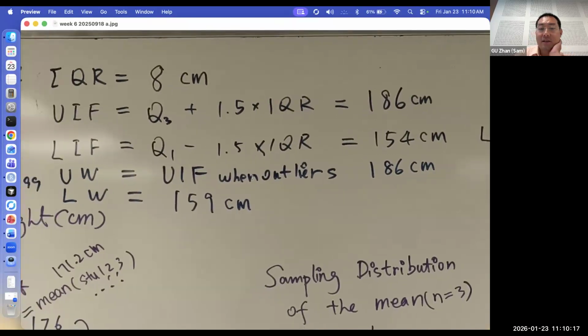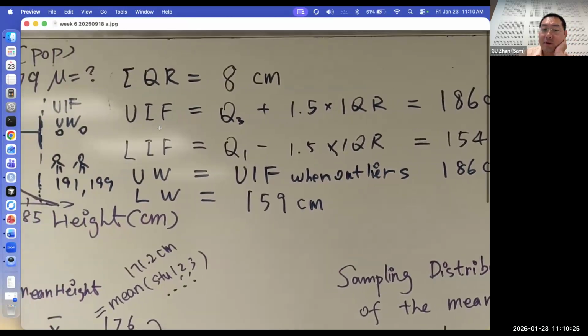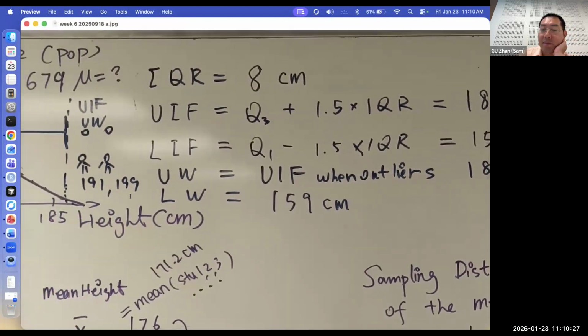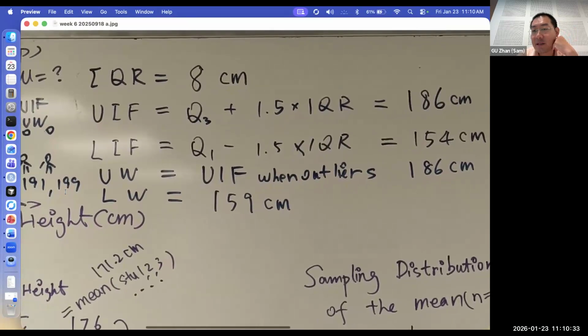Next, we want to check the upper whisker and the lower whisker. How do you determine the upper whisker? You compare the upper inner fence with the maximum height, which is 199. Which one is higher? You'll find that there are some individuals who are actually taller than the upper inner fence, so they can be considered outliers.